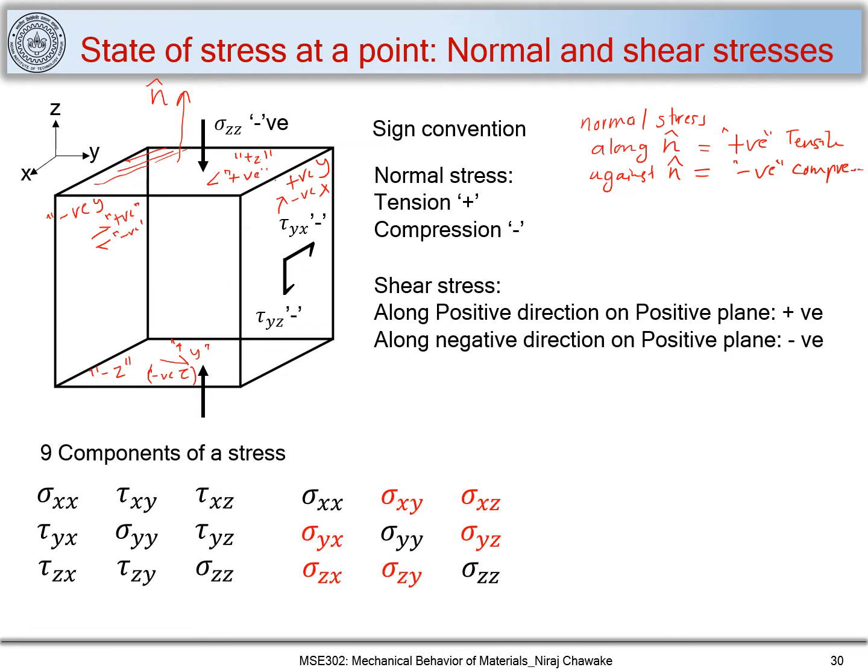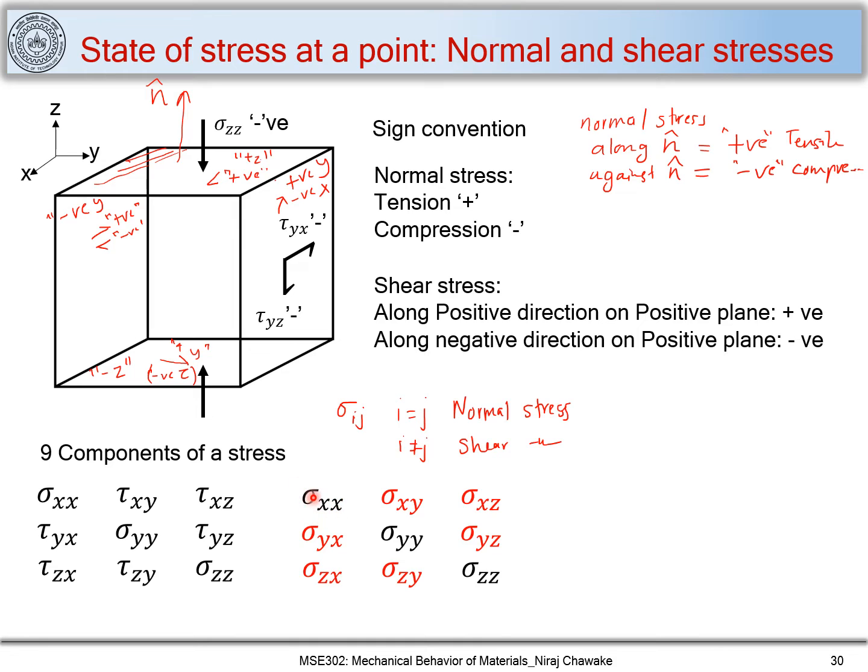Let's say I call it sigma ij, and when i equals j, that becomes your normal stress, isn't it? And when i is not equal to j, those are shear stresses. So that is what we have seen over here.